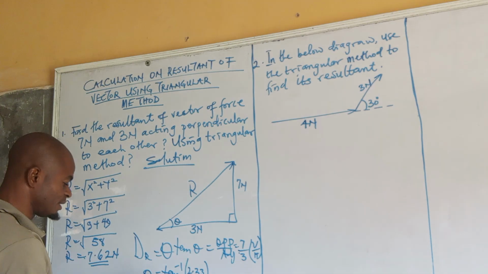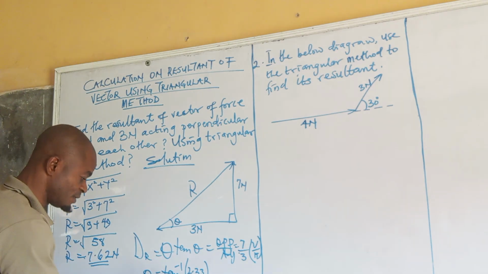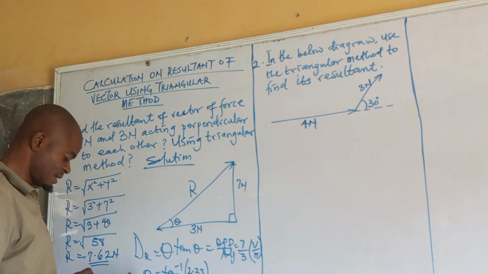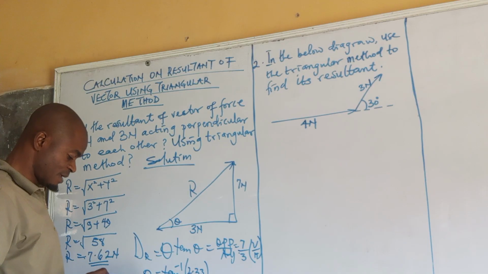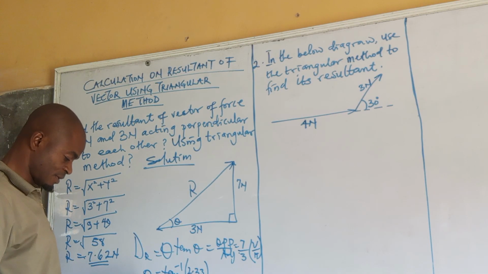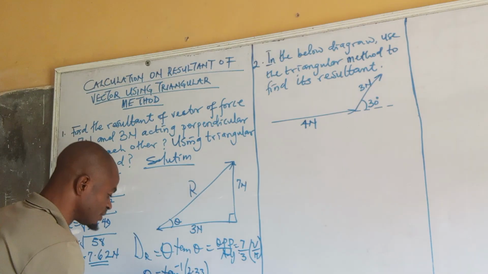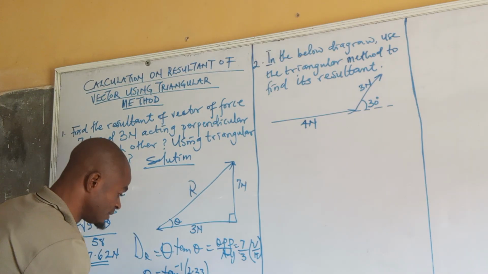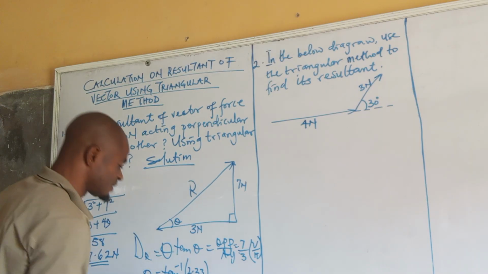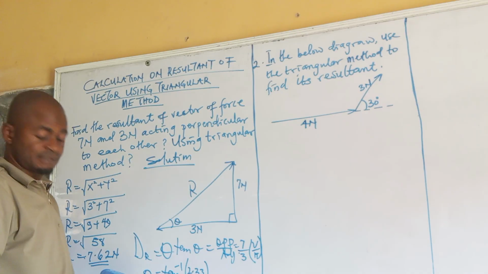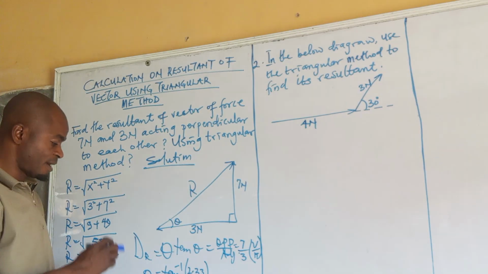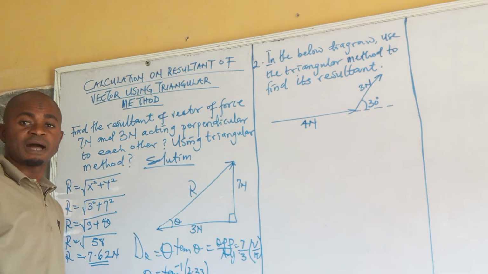Then theta equals the inverse tan of this. Press shift and then press tan, then press answer. It gives us 66.8 degrees, which is the arctan of this.